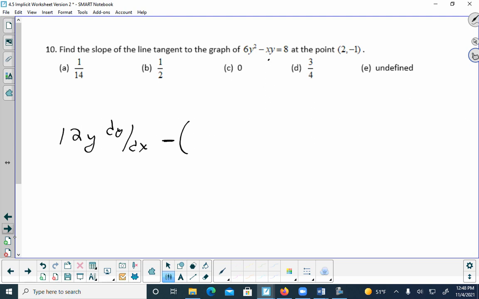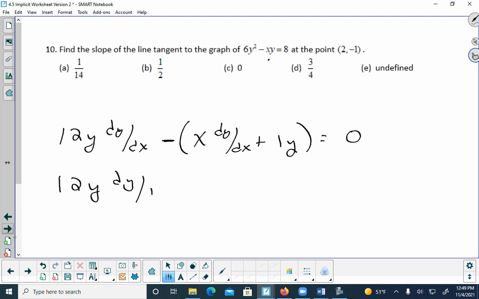I'm going to take the derivative of y first, so this will be x dy/dx plus, and then the derivative of x is 1, so this will be 1 times y, is equal to, and the derivative of 8 is 0. So I'm going to distribute my negative sign. So that'll be minus x dy/dx, and then minus y is equal to 0.